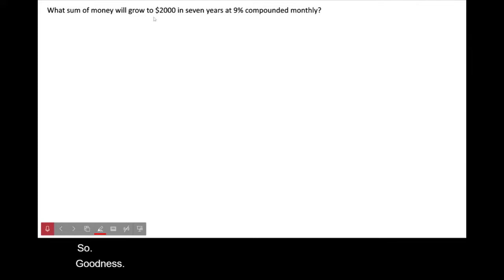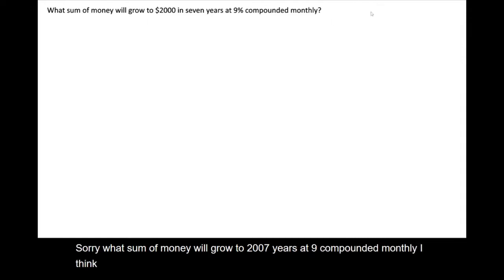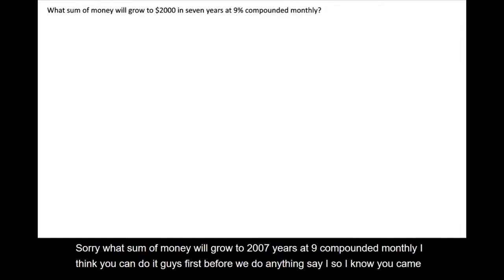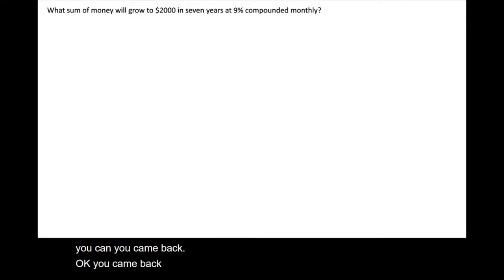What sum of money will grow to 2,000 in 7 years at 9% compounded monthly? I think you can do it. Guys, first, before we do anything, say I, so I know you came back. Okay, you came back. Very good. I think you can do it. Go ahead, 1 minute.